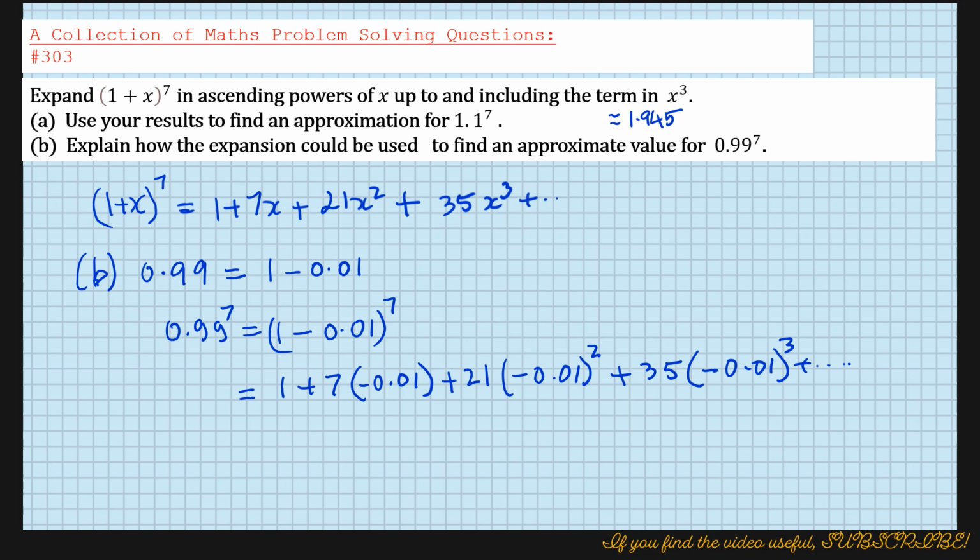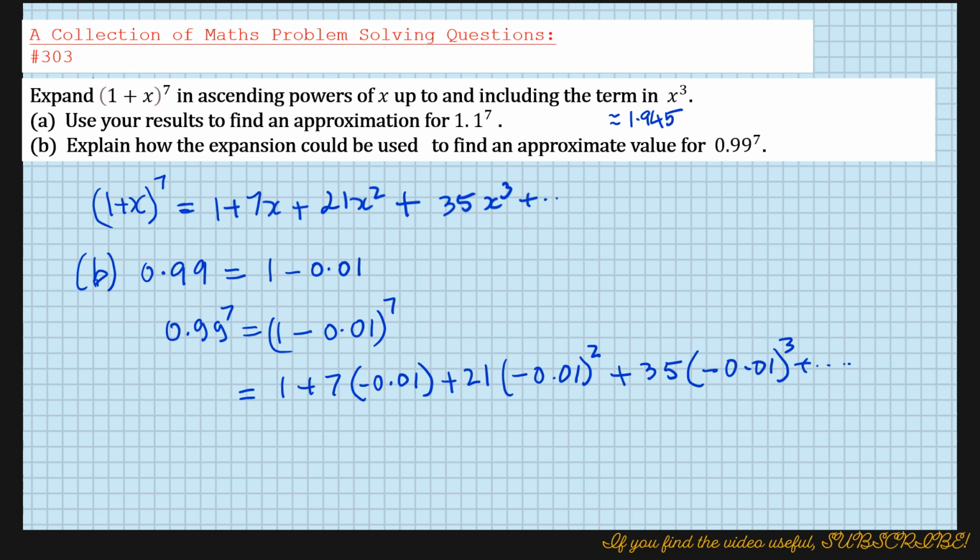Here we are replacing x with minus 0.01, then plus 21 multiplied by minus 0.01 whole squared plus 35 times minus 0.01 cubed.